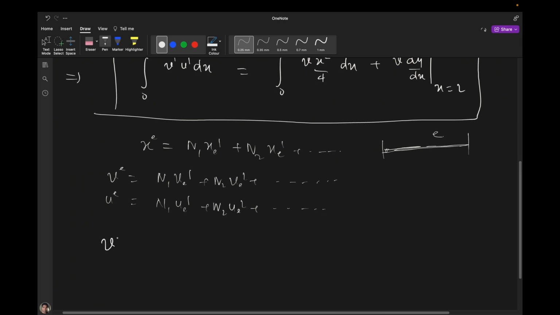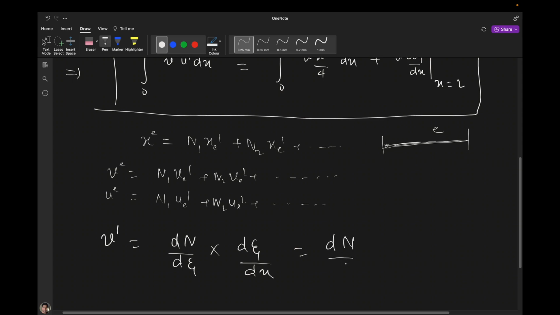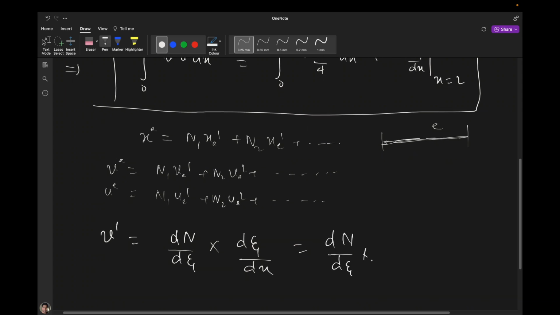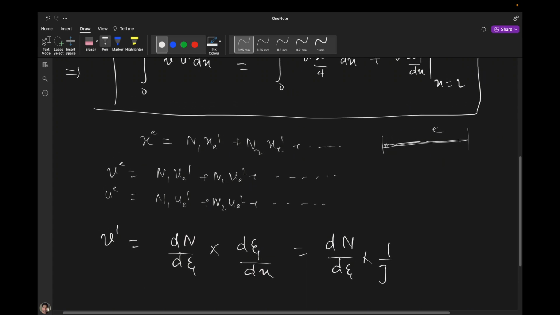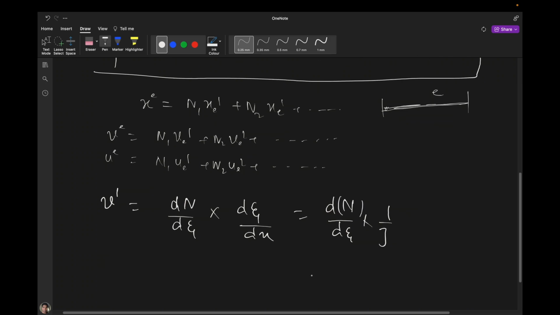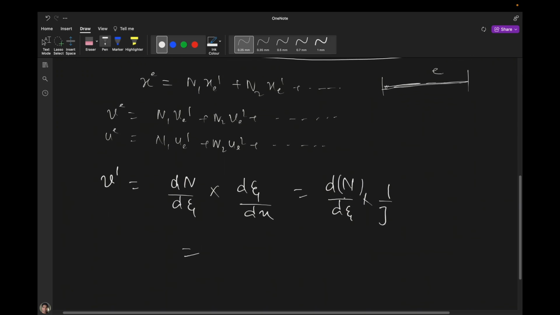What is vi? Vi is nothing but the derivative of N divided by del zeta, into del zeta by del x. This is nothing but dN by del zeta, and when you do this, it will become 1 by J. So that means I can write vi like this. And what is N?